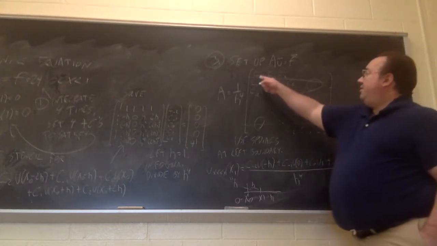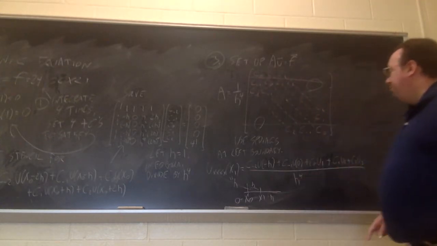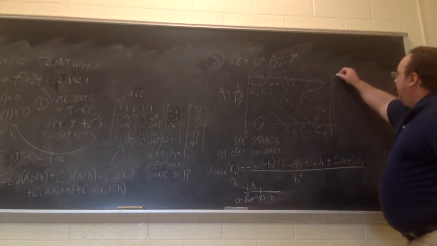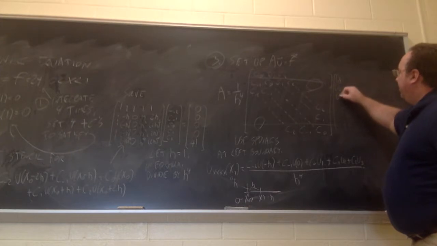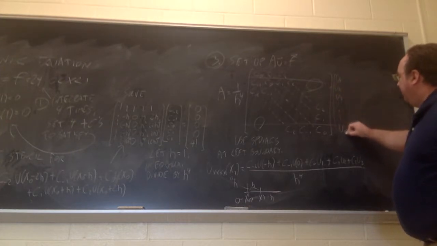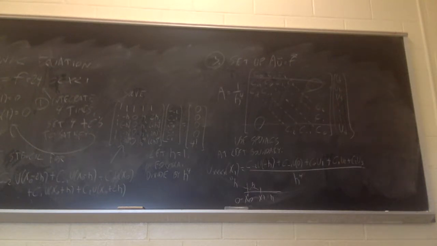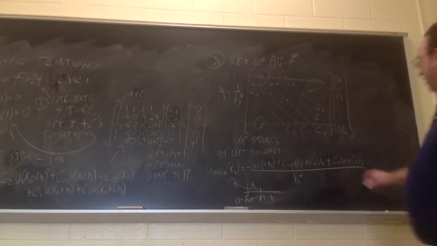So these coefficients are multiplying u1, u2, u3, because that's what goes in your vector of unknowns. Okay. Questions about what I just wrote here?